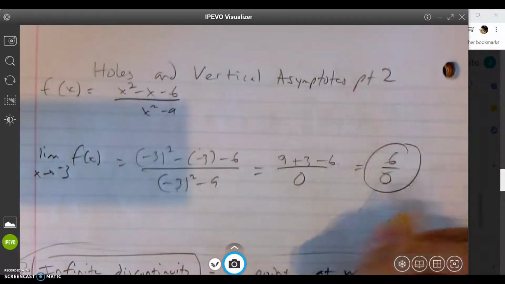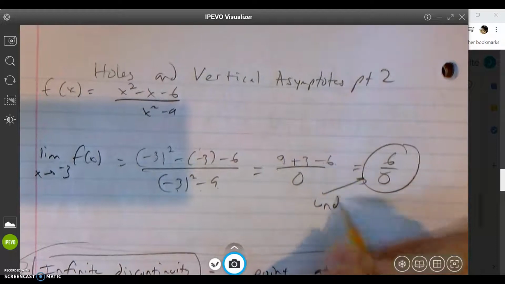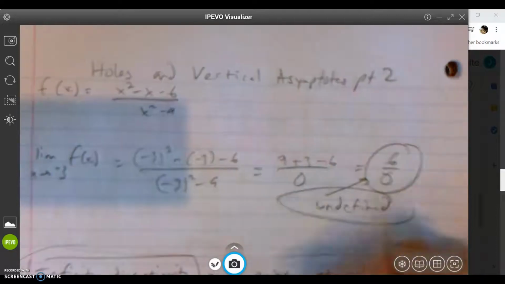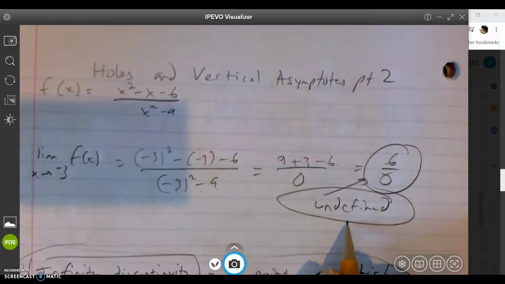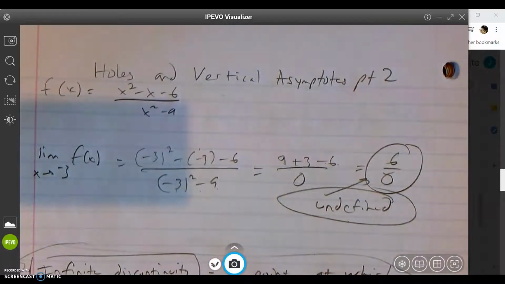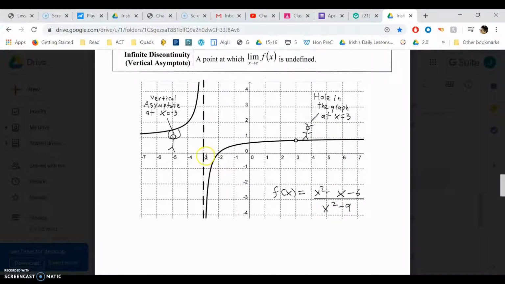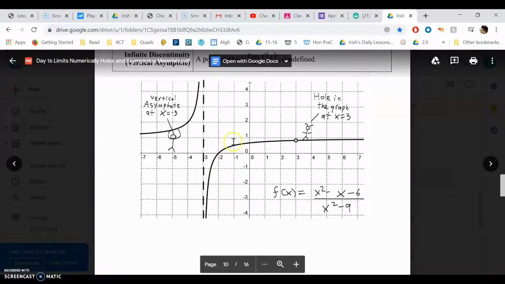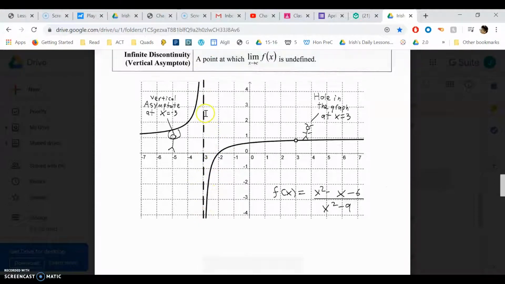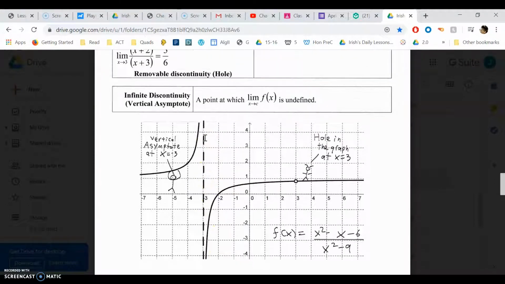Ooh! That means you have undefined when you have 0 in the denominator. That's undefined. That's not indeterminate. And so what does that mean? Well, let's look at our picture again, our little graph. So, as x approaches negative 3, you have an infinite discontinuity right there. So, what did we just learn?